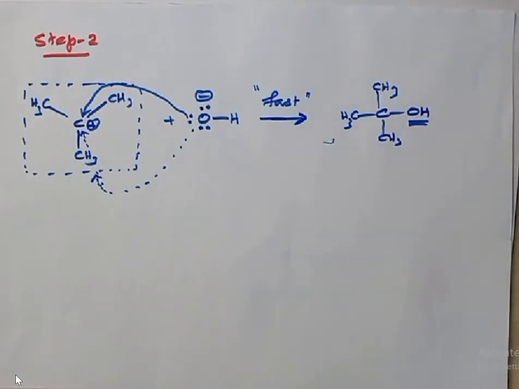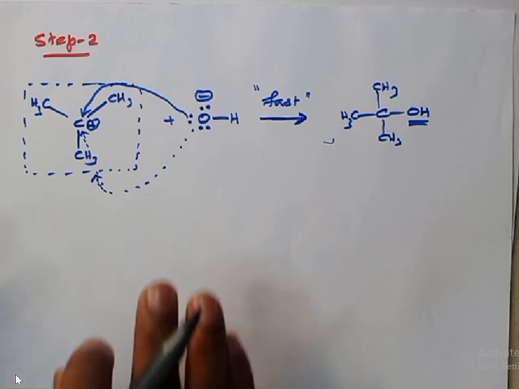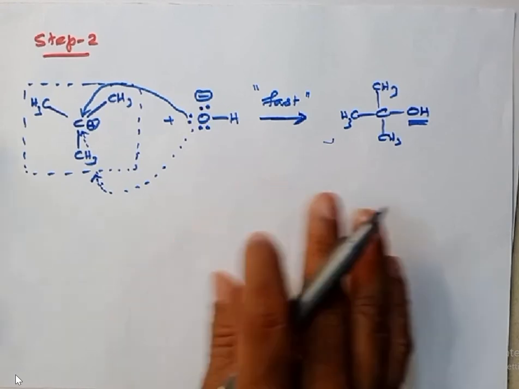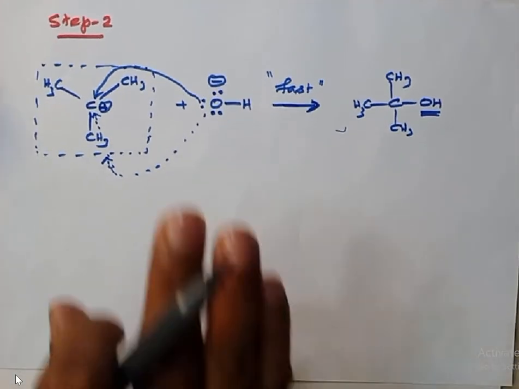So I have told you the Sn1 reaction occurs in two steps. Step 1 is slow, whereas in step 2 the reaction occurs in a fast manner. And remember, the slowest step decides the rate. That's why step 1 is called the rate determining step. Okay, so keep all these points in mind. So this is the Sn1 reaction.